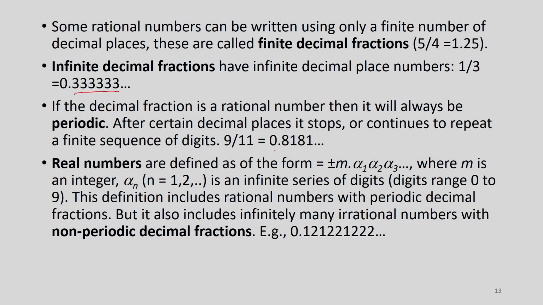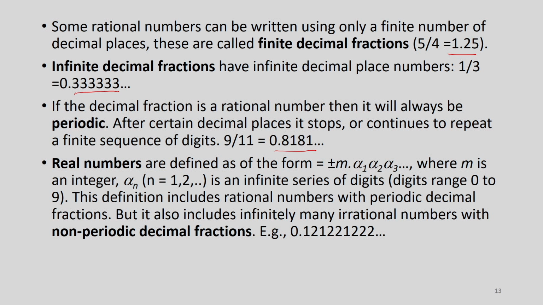Here also it is repeating 81, 81, 81 like that, or they are stopping here. Stopping means after that 0 is getting repeated, right. So, if you have a rational number, it will always be like that, either it will stop or it will go on repeating the same pattern of numbers.